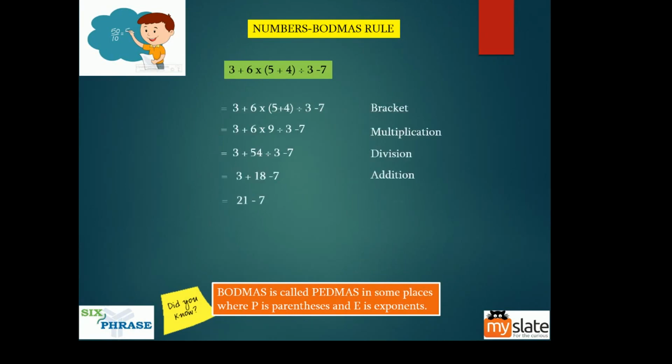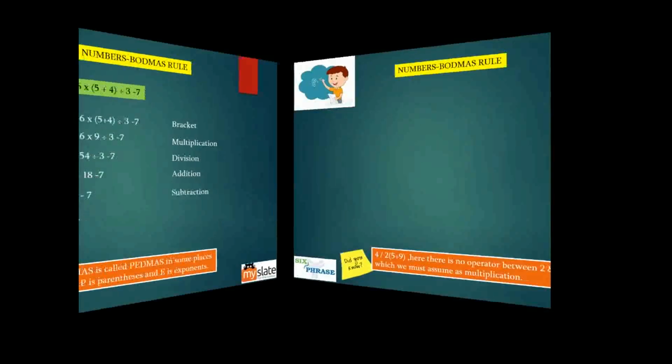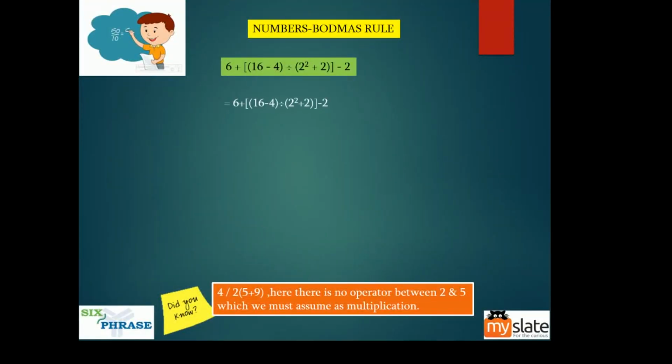Now here, first go for the brackets, and it is the inner bracket, so you have to do 16 minus 4 first, and then you do 2 square plus 2, which is 6. Then solve the power, then look at this second bracket, and you get 6.